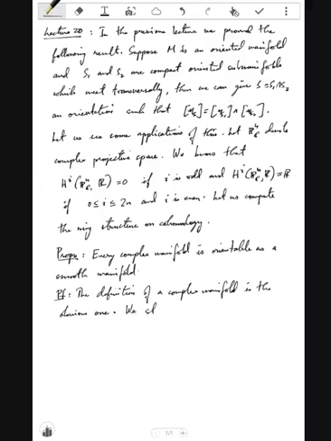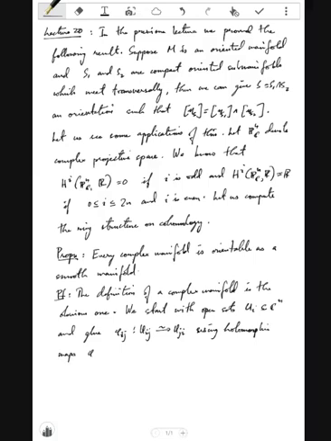We start with open sets Ui in Cn and glue Uij with Uji using holomorphic maps phi ij which satisfy the cocycle condition.